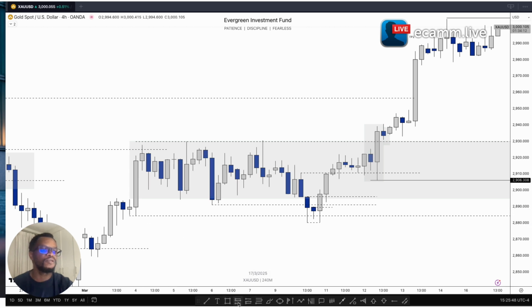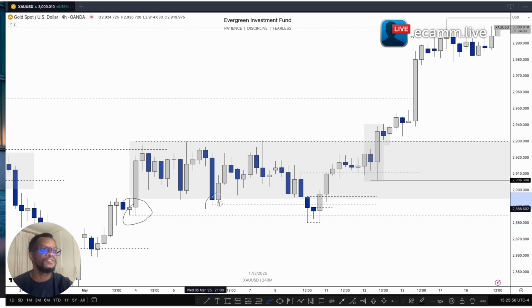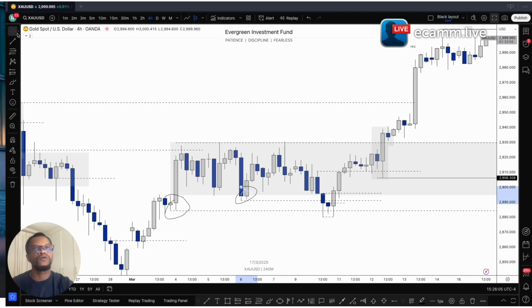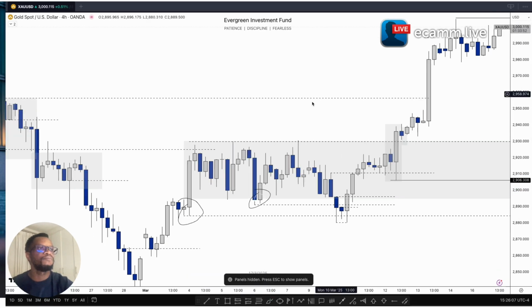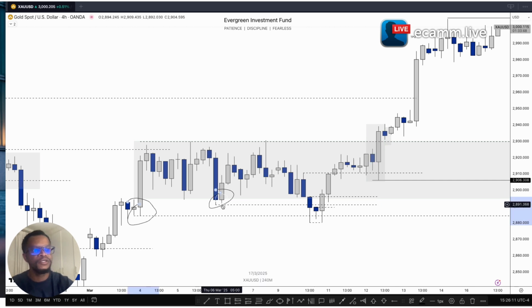They want to collect liquidity here, and liquidity here. Let me change the colors of these things. Once they have enough orders in the market, enough liquidity, they'll put in a big order to show their true move. So that's how they create order blocks.